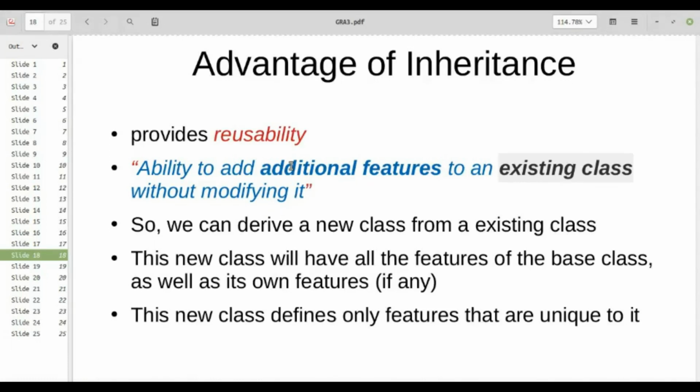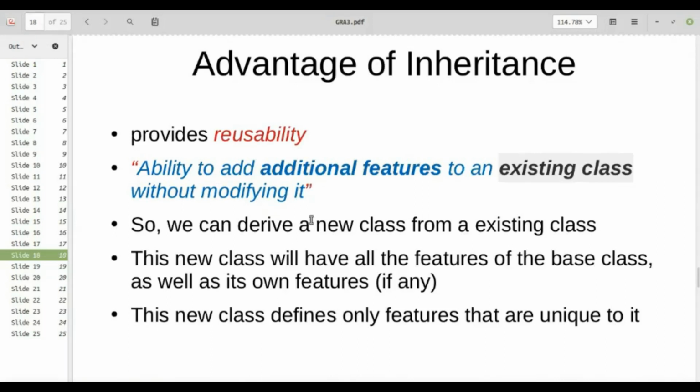Essentially, you can imagine that you are adding features to the parent class, but only in its derived form. So you are simply working with the class birds plus your own required features. That is the power you are given by the property of inheritance.